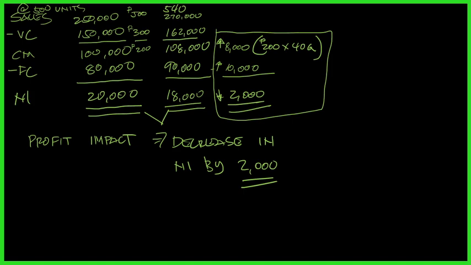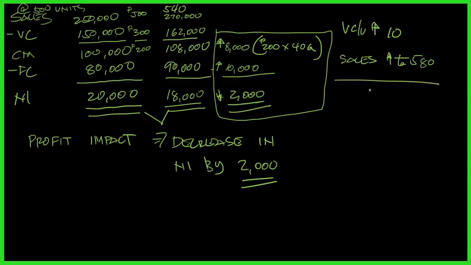So there's another question. What if this company was able to use higher quality raw materials, thus increasing the variable cost per unit by 10, and the sales units increased to 580?